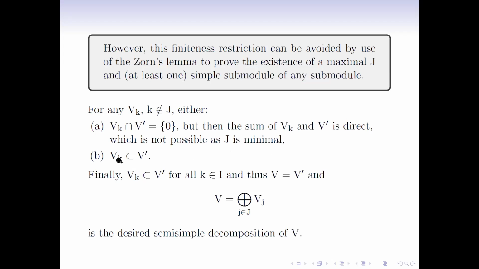But then it means that all simple submodules Vk are inside V prime. Then V actually is the same as V prime, and this is the direct sum of all submodules Vj, where j belongs to J capital. So V is semi-simple. And this is the direct sum of simple submodules.